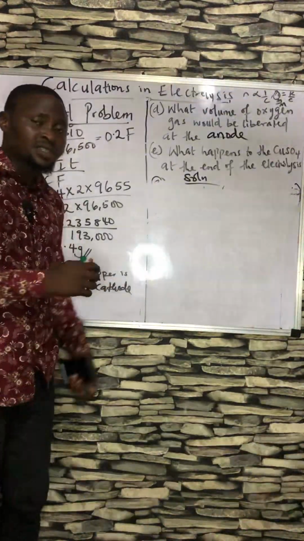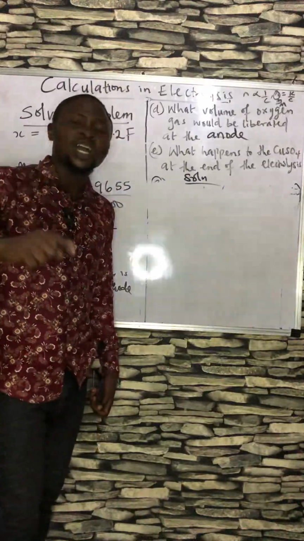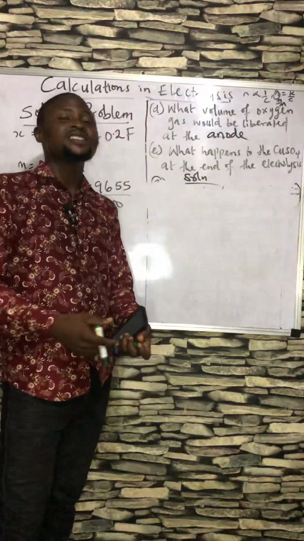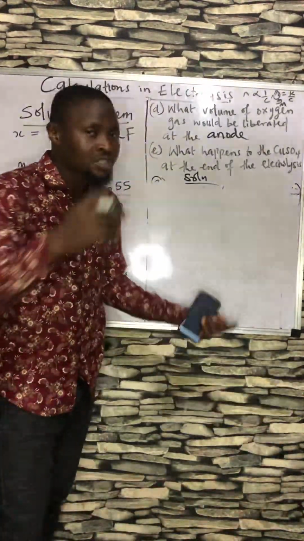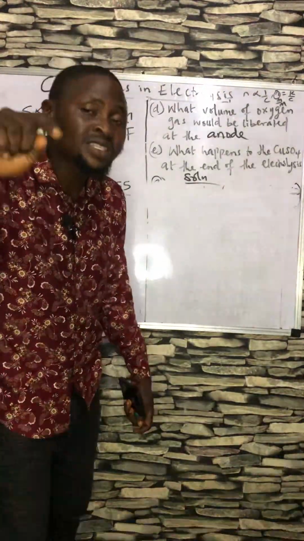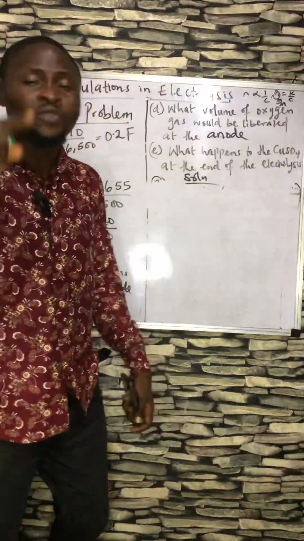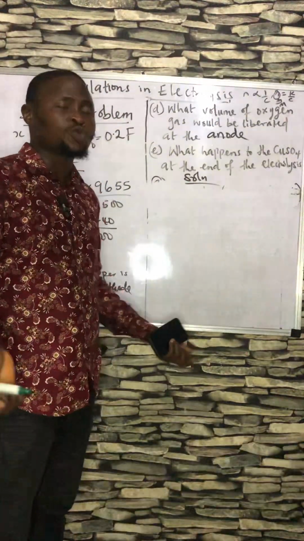For instance, if the ion is 1, it will require 1 Faraday to discharge a mole. That's why we say coulomb per mole. 96,500 coulomb will be required to discharge 1 mole if the charge is 1. If it is 2, then it has to be multiplied by 2.